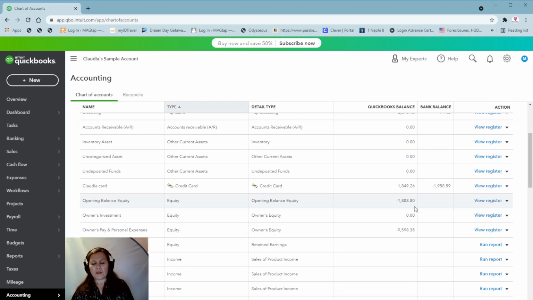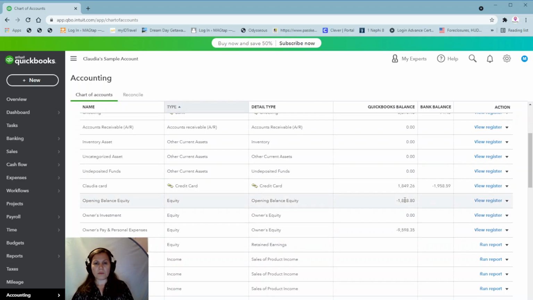Now, what does it mean to have a negative amount on the owner's pay? It means that you're paying yourself. So it's fine that it's negative here. If you are distributing money from the company to yourself, then there will be a negative amount on the owner's pay and personal expense. So that would be fine.